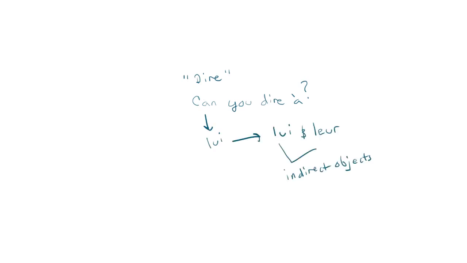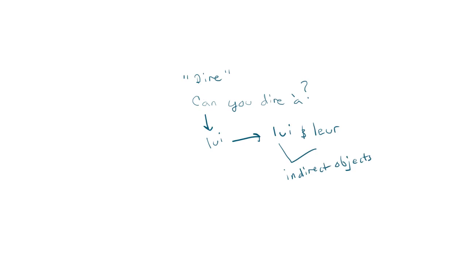So dire, which means to tell or to say. Can you dire à? Yes. So it's going to take lui or leur in the past tense. If you ever heard someone say je lui ai dit que, you know, I told him that, whatever. That's going to take lui or leur, which are both indirect.